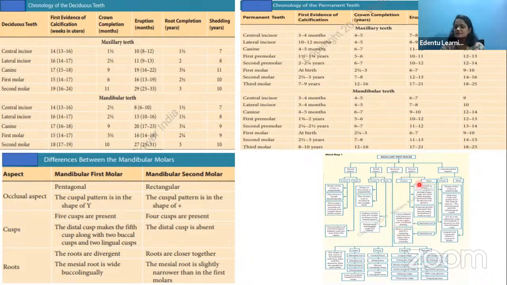Another thing that I will suggest is mind maps. These are the mind maps. Reading all the lines for all the teeth is not a practical solution, so what we can do is make mind maps like this. In a mind map it will be a picture, and it will be easy for revision also. In the mind maps you can see that 4 or 5 surfaces can be divided.